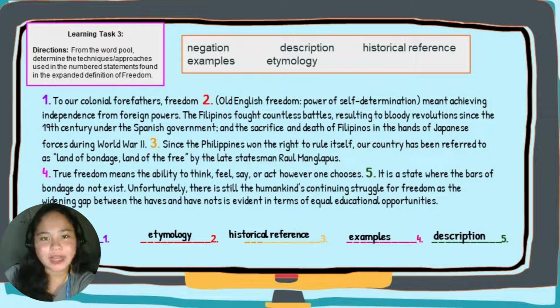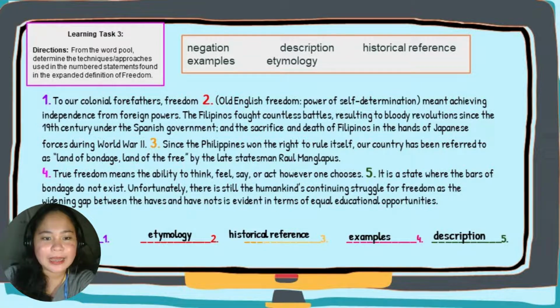Okay. For the number 5, class, it is a state where the bars of bondage do not exist. Unfortunately, there is still humankind's continuing struggle for freedom, as the widening gap between the haves and have-nots is evident in terms of equal education opportunities.